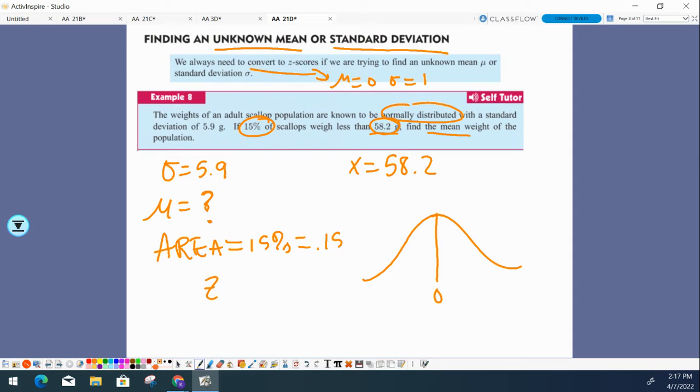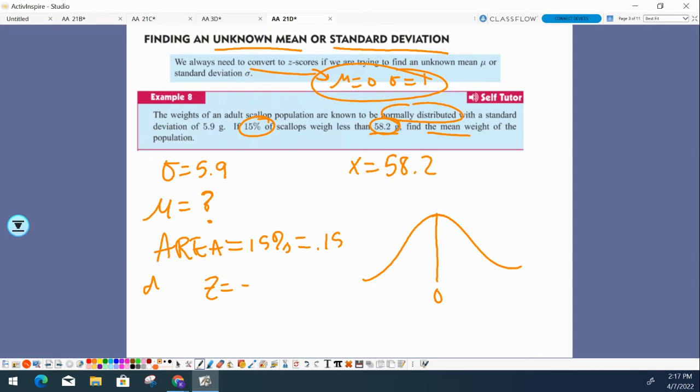We're looking for the z value, so that's the inverse normal. Now our area is 0.15. We're going to use the z-score values, so that means our mu is 0 and our standard deviation is 1. So go ahead and paste.